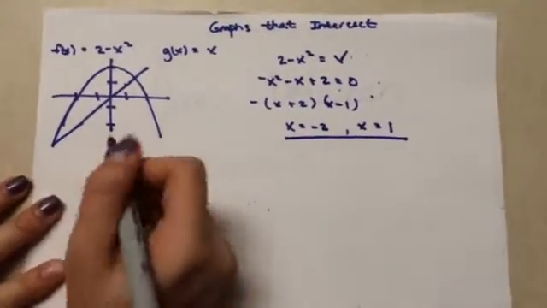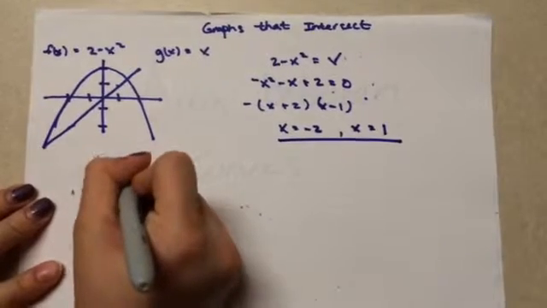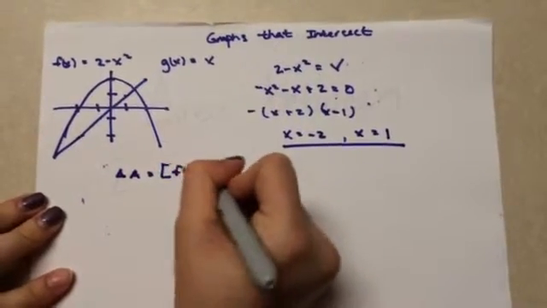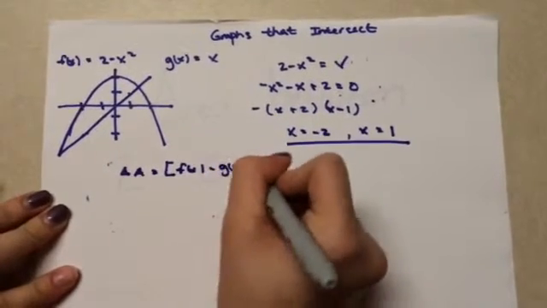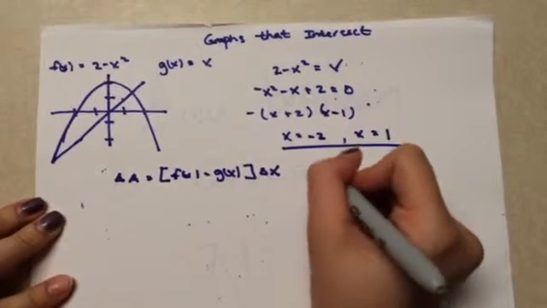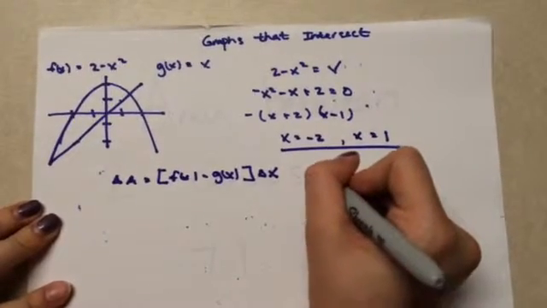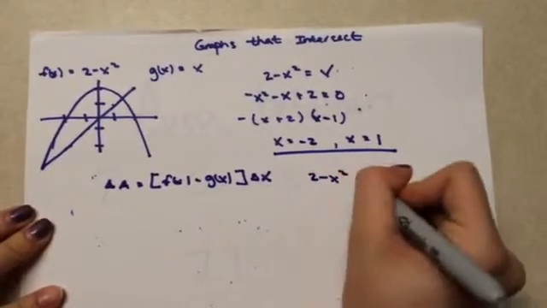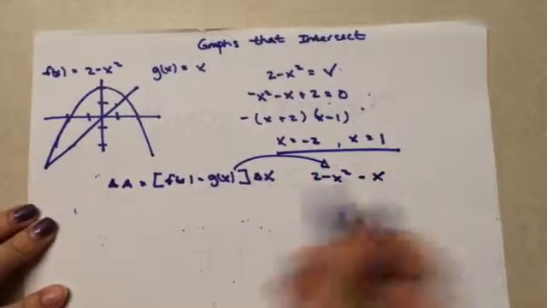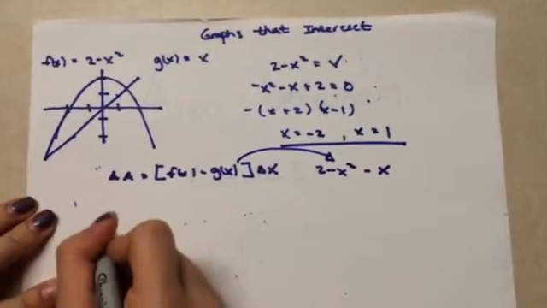So from there, we plug it into our general formula. Remember, change in A equals f of x minus g of x delta x, which is 2 minus x squared minus x. That's this part of the function. So I'm going to plug it into the integral.